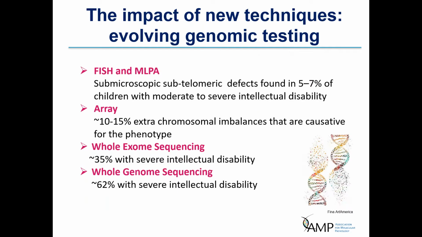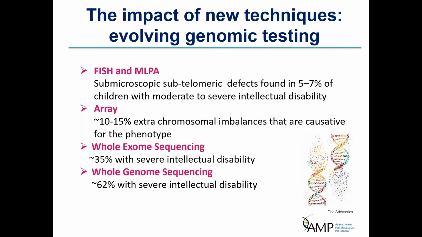In particular, in the field of genomic testing, we're in an environment where a lot of new technologies are coming into play, and we can see the evolution of genomic testing. For example, I just pulled out some data on severe intellectual disability, and you can see the movement from FISH and MLPA analysis, whereby you would detect maybe 5 to 7% of children, to dramatically more, pretty much doubling from 10 to 15% when you use an array technology.